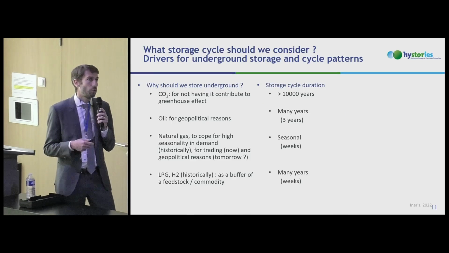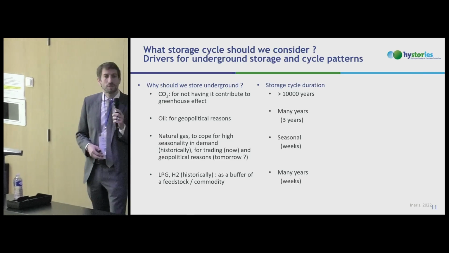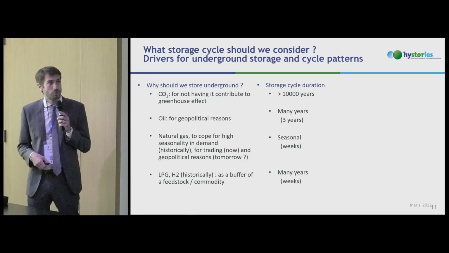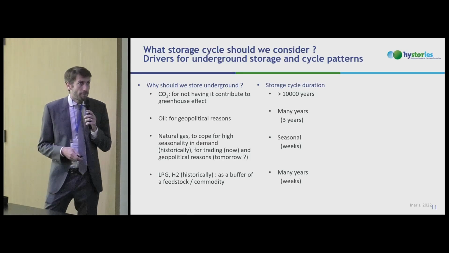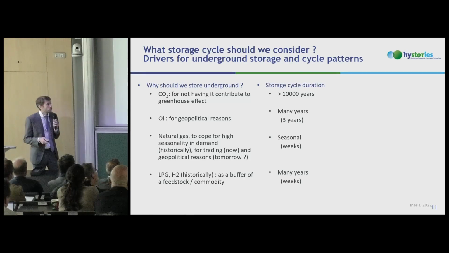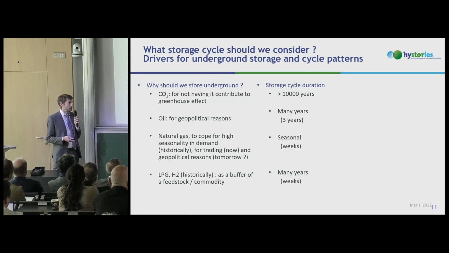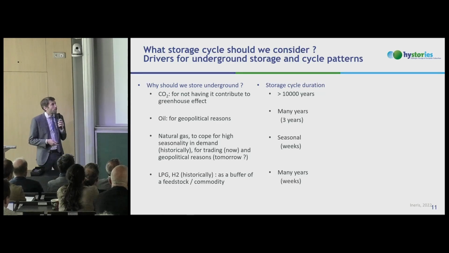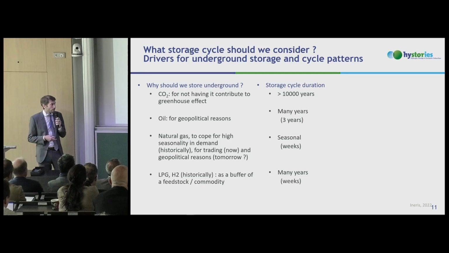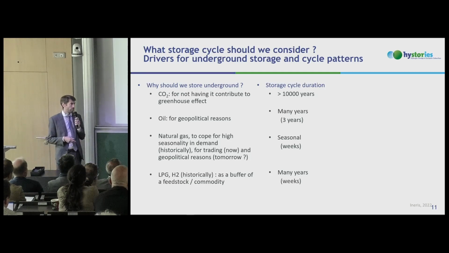So we have to look at what cycle we should consider for hydrogen underground storage, which does not exist for green hydrogen today industrially. So if we look at analogs of underground storage: CO2, we want it in, we don't want it out, so it's different. Oil is stored mostly for geopolitical reasons for many years. Natural gas started to be stored to cope with seasonal fluctuation of the demand, and it's still the main driver today.